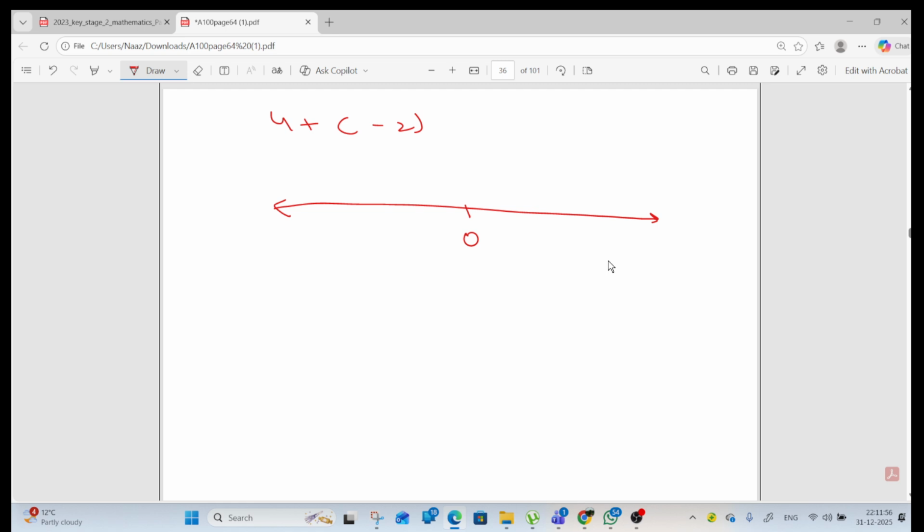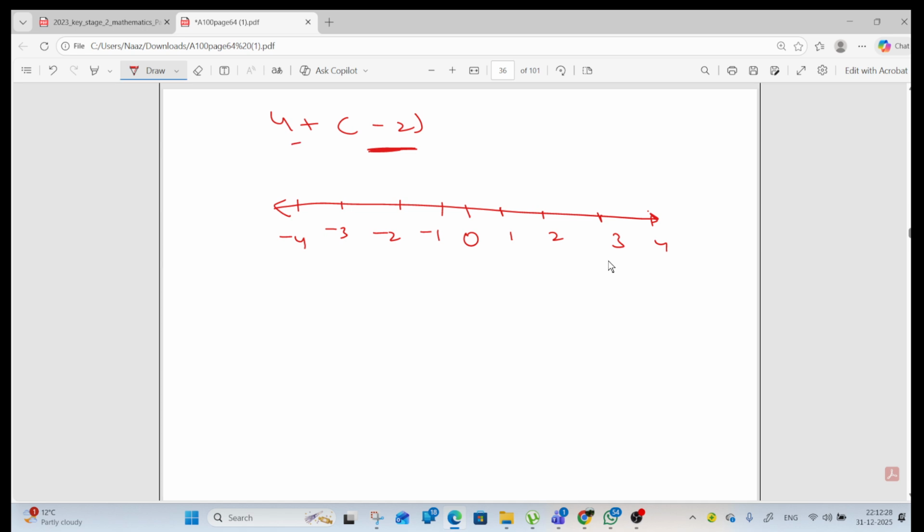So let me just write 1, 2, 3, 4, and negative 1, negative 2, negative 3, negative 4. If we are adding, we move to the right of the number line. As you can see here, I am adding negative 2, right? So for a negative number, when we add, we need to go towards the left.